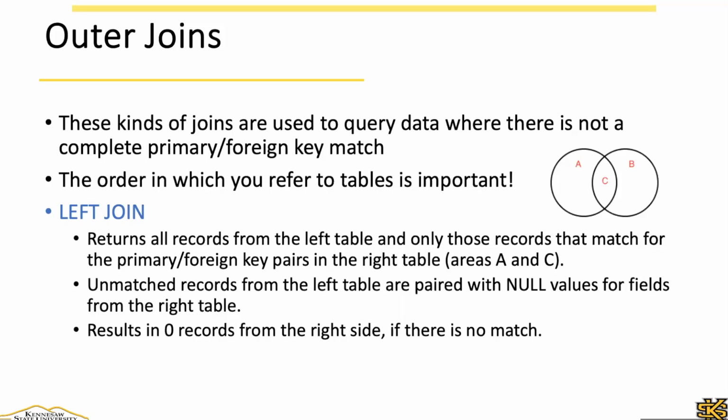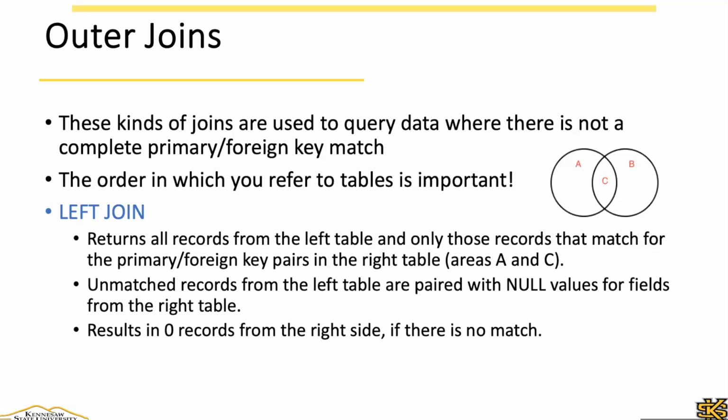It returns all records from the right table, table B, along with the matching records from the left table, table A. If no match is found, the fields from the left table will contain null values. This operation yields area B, records only from the right table, and area C, which is the matching records from both tables.